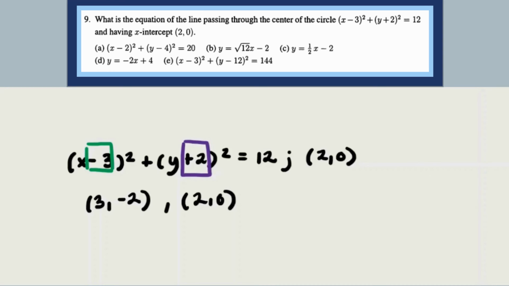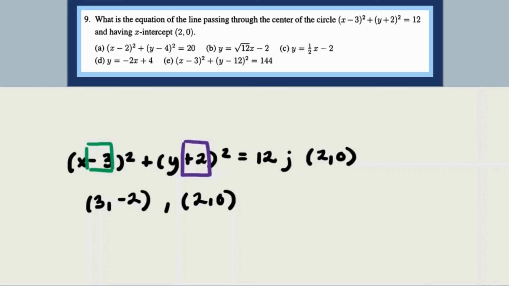So now that we've done this, we're dealing with 2 points. We have the center of our circle, which is (3, -2), and we have our other point, which is the x-intercept (2, 0). The only thing we need to do is find the slope. So remember, we're going to use our slope formula, which is m equal to y2 minus y1 all over x2 minus x1.